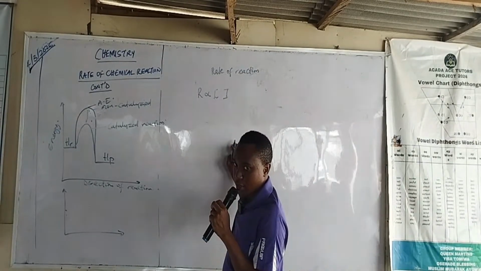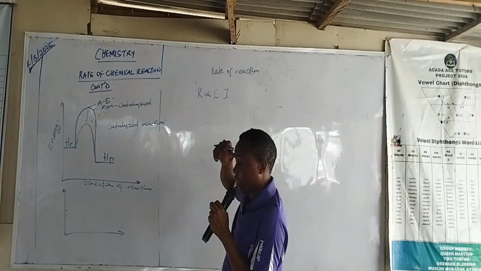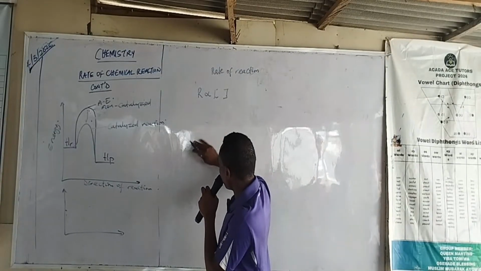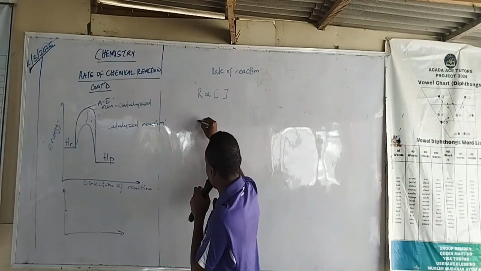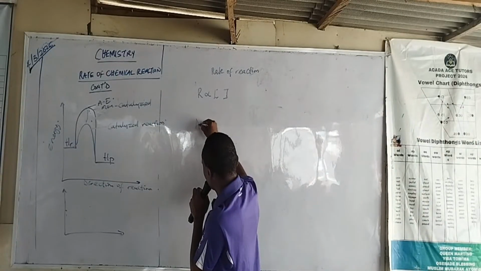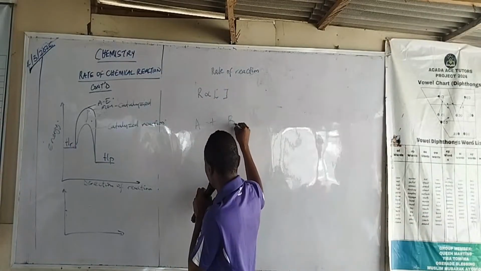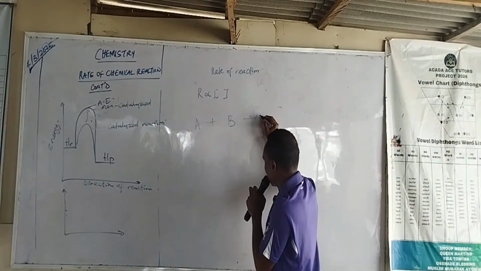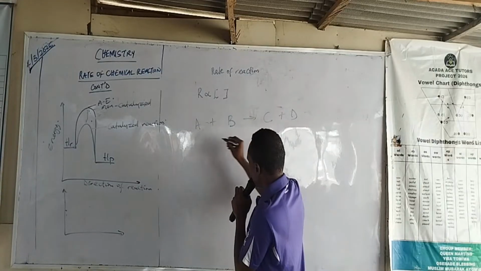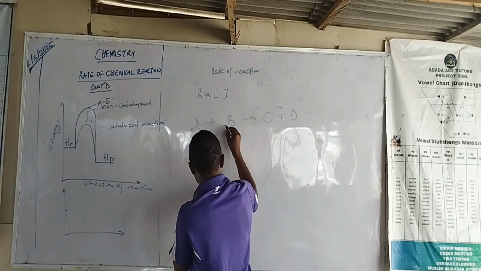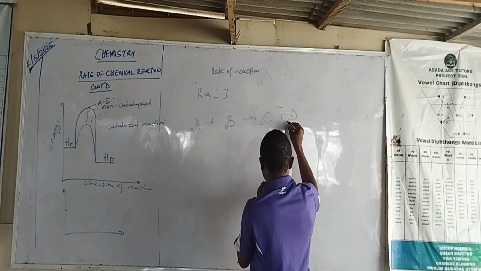We are talking about a reaction where reactant A plus reactant B gives you C plus D, where the small letters a, b, c, d denote the concentration of A, concentration of B, concentration of C, and concentration of D.